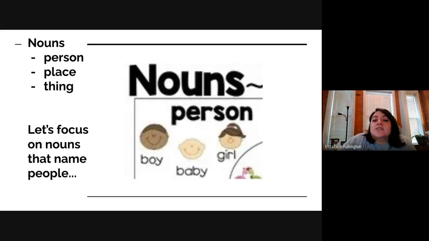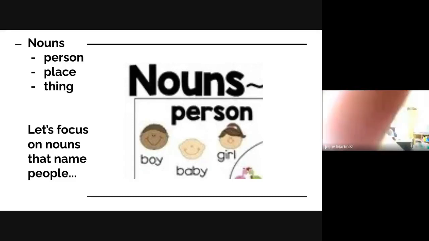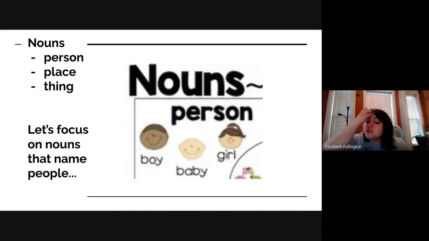Kaylin, do you know a title? So you're the winner. So Kaylin, do you know the title of another person that we use right now? So like, remember Mrs. Fullington is Mrs. What's the boy version of that? Mr. Good job. So Mr. is another one.